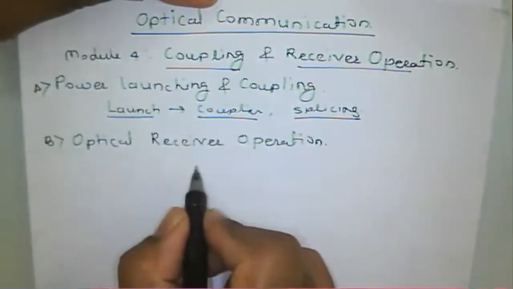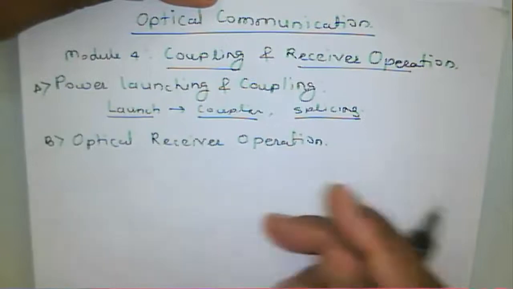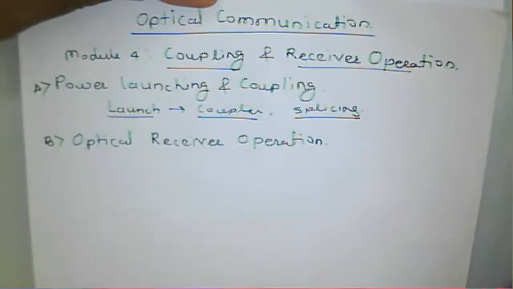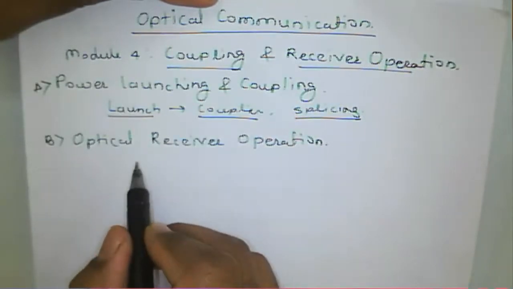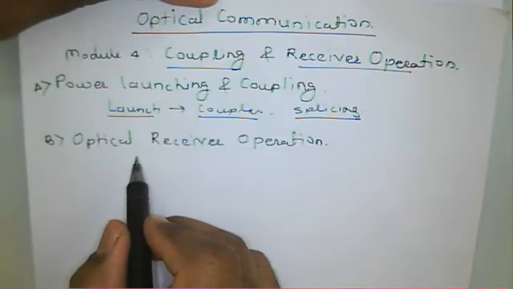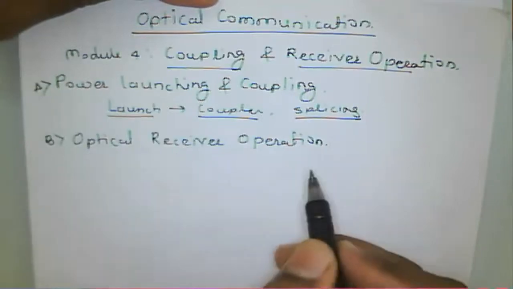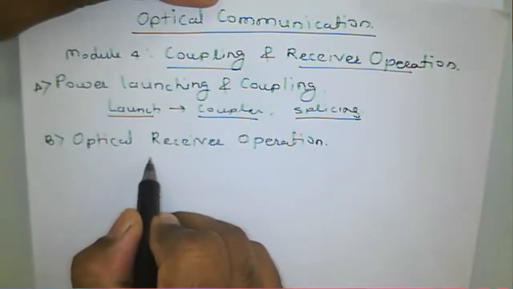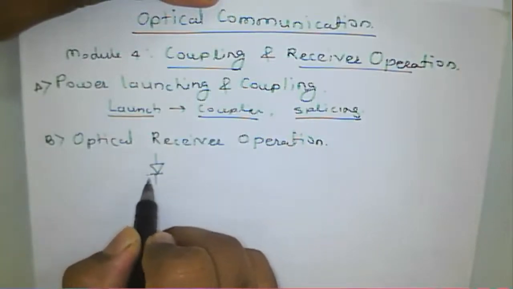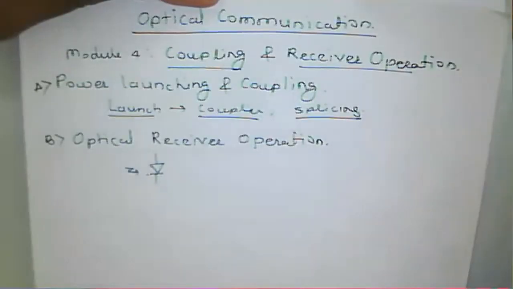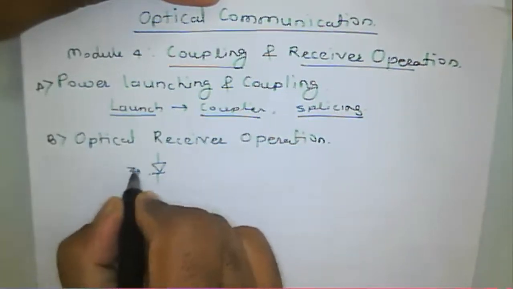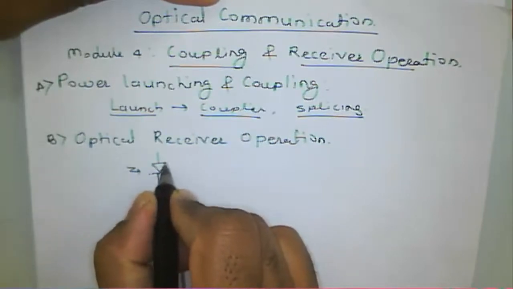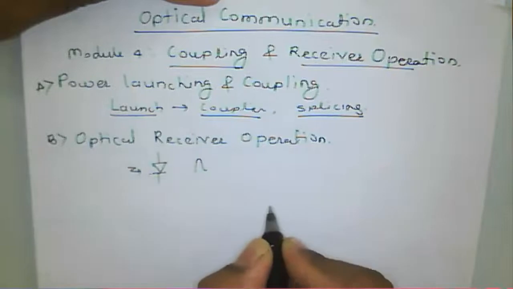Then part two consists of optical receiver operation. In this part two we learn how the receiver operation works here. What about the various types of amplifier? Because in a receiver we have a detector and the signal falls on this detector. The photon of light falls on the detector, then it generates a current pulse.